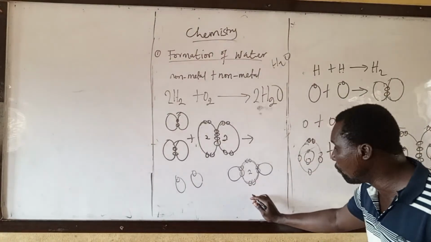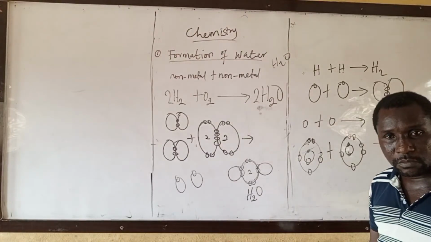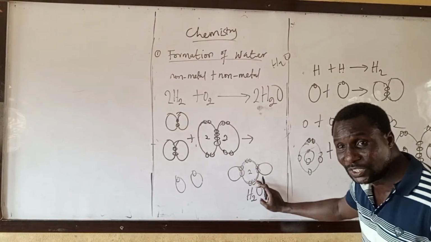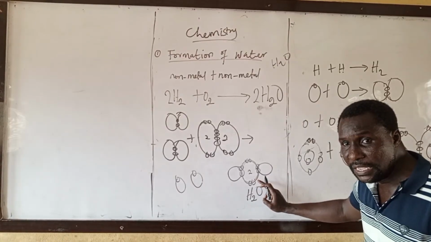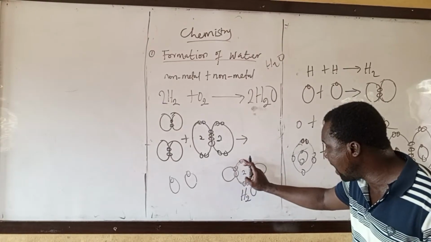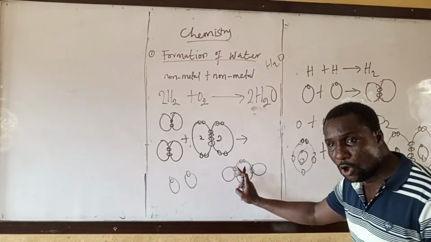This is the structure of what? H2O. Can you see it? For oxygen, which is the central atom, how many electrons? 1, 2, 3, 4, 5, 6, 7, 8. For this hydrogen, how many electrons do we have? 1, 2, stable.